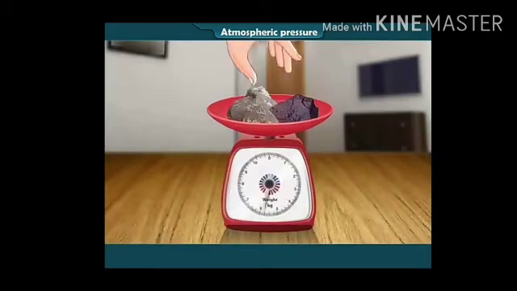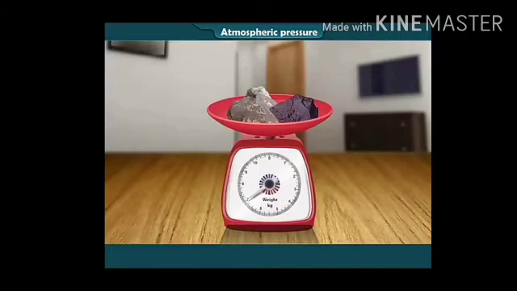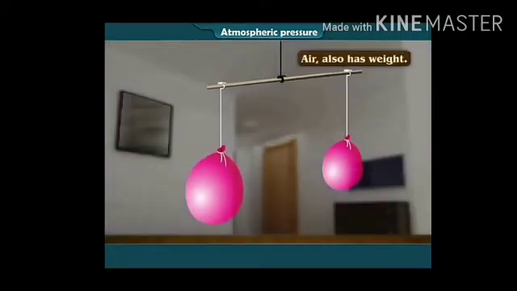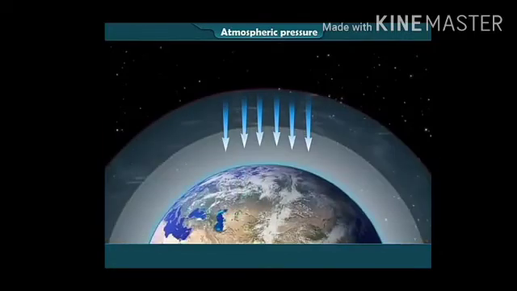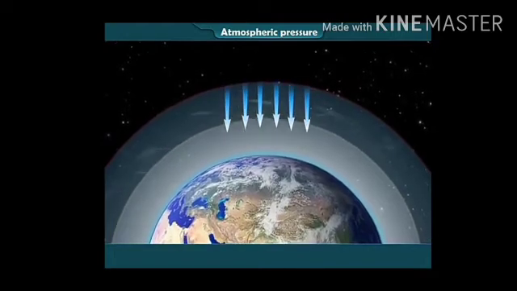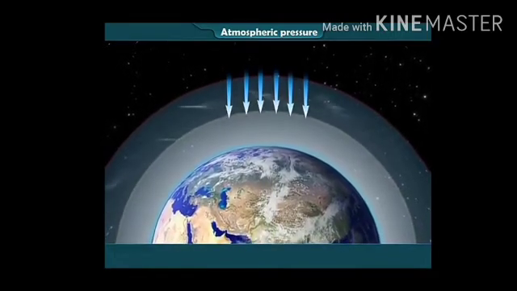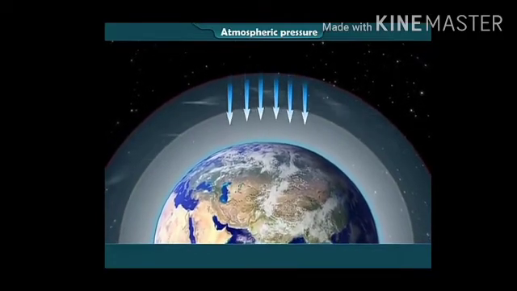You must have read in your science textbooks that any object has weight. Air also has weight. It is a highly compressible mixture of gases which applies pressure on the Earth's surface by exerting its weight.